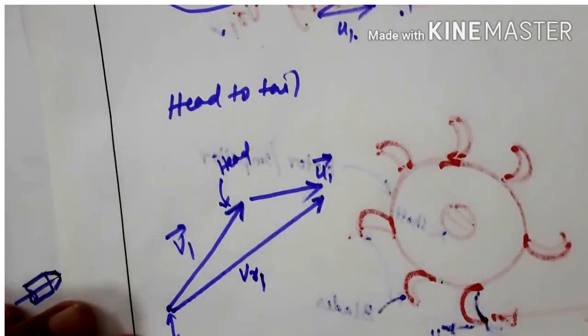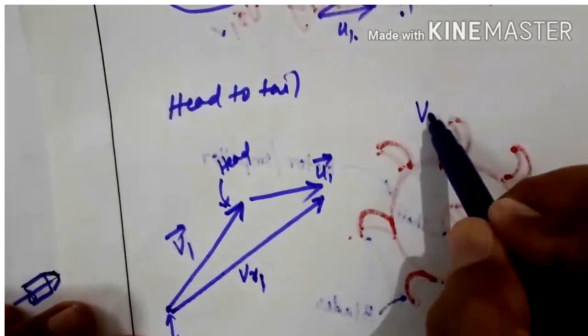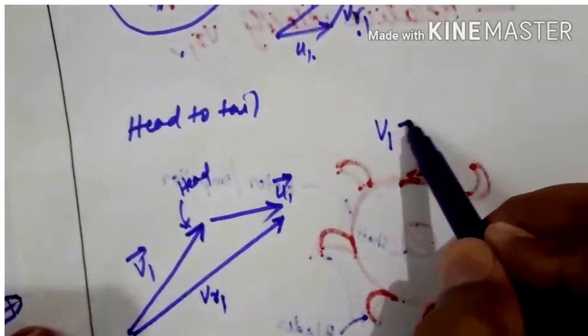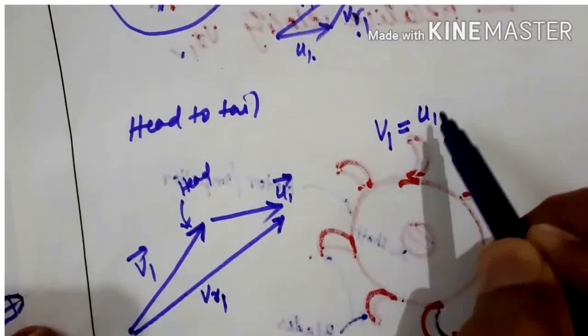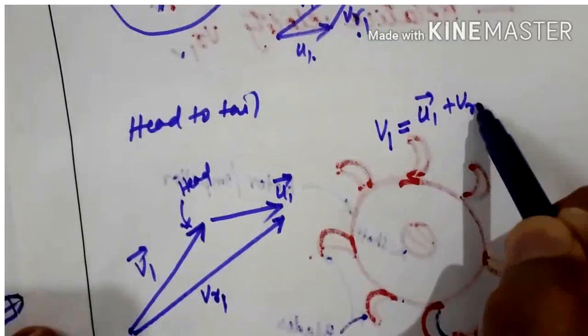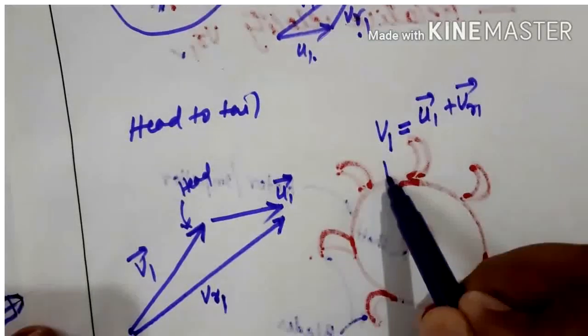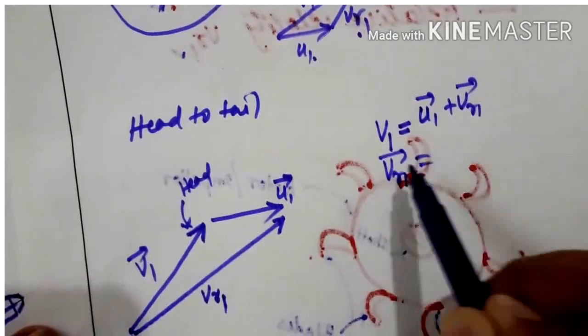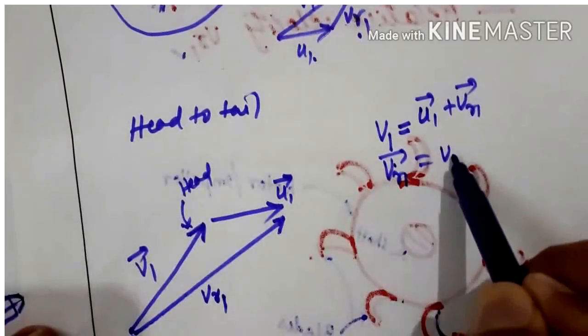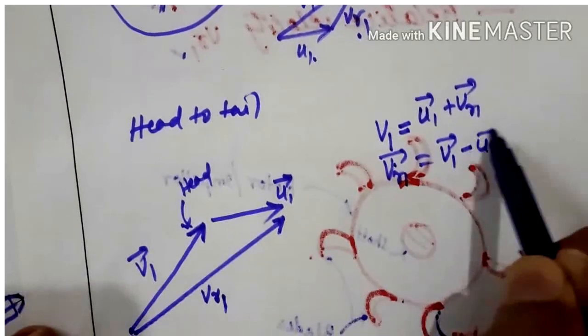VR1. Then the resultant is what here? The resultant is V1, that is U1 bar plus VR1 bar. Then VR1 vector is equal to V1 vector minus U1 vector.